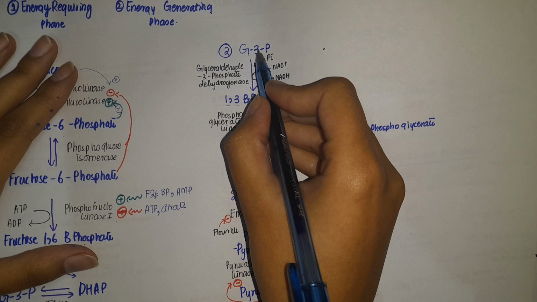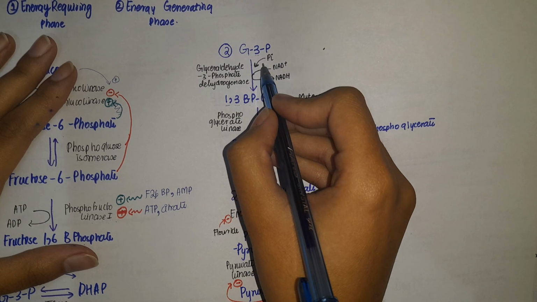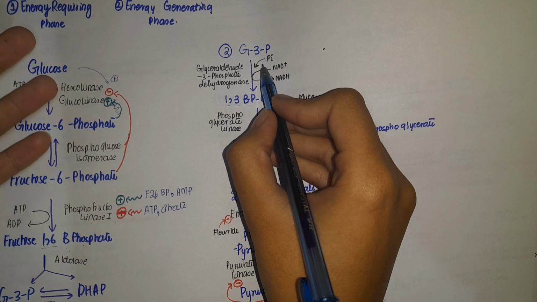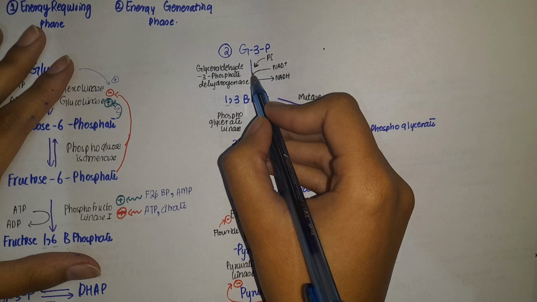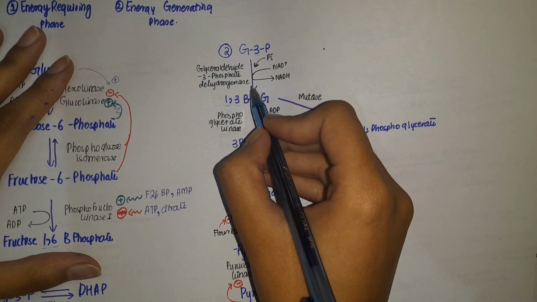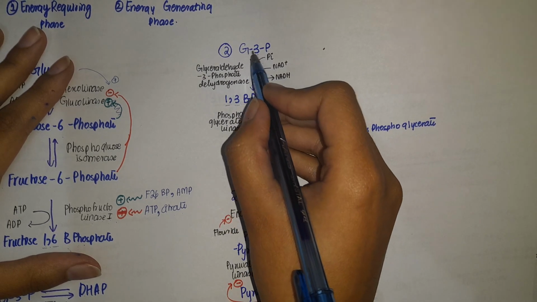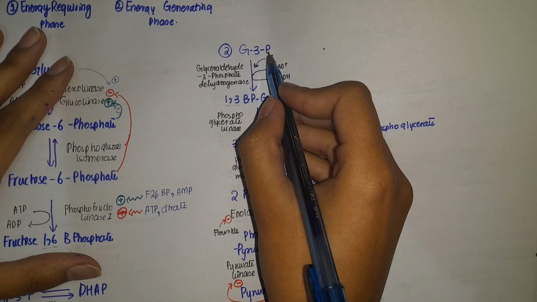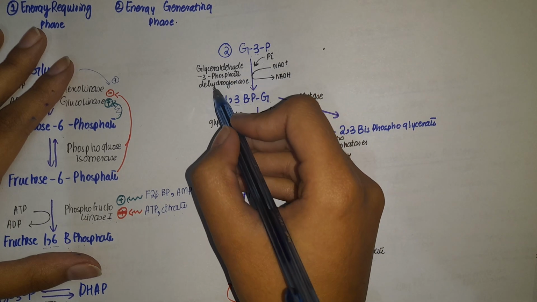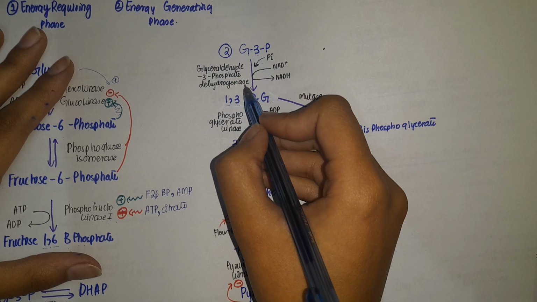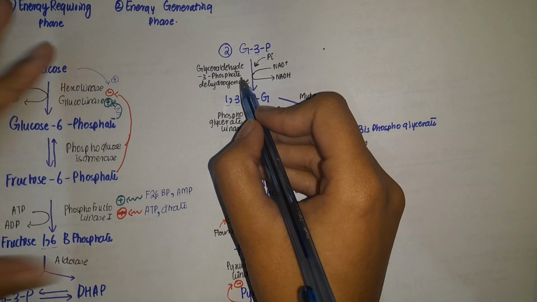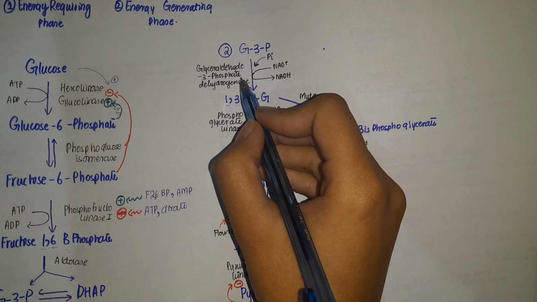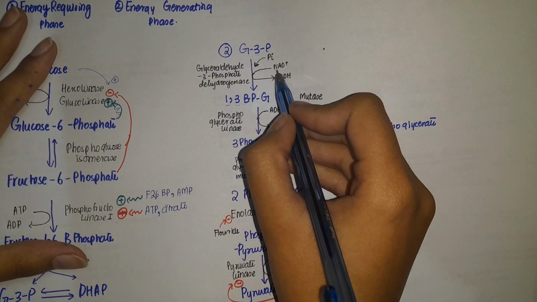Because another phosphate is added over here, this phosphate is an inorganic phosphate, and this reaction is catalyzed by glyceraldehyde 3 phosphate dehydrogenase. The enzyme is a dehydrogenase, so it is going to remove the hydrogen. What will take the hydrogen? We have readily available NAD plus.